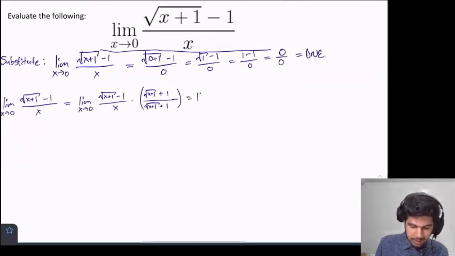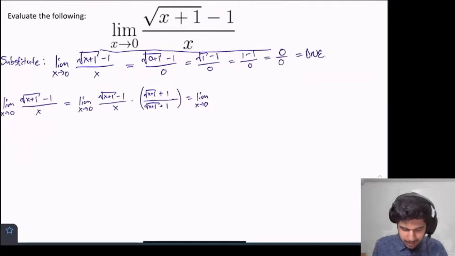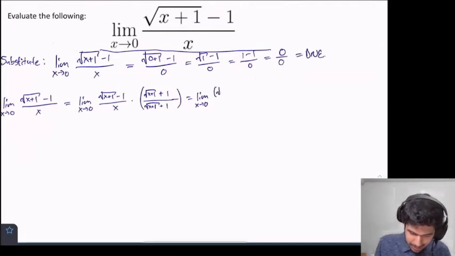So let's see what happens when we multiply it. We get the square root of x plus 1 minus 1 times the square root of x plus 1 plus 1, all over x times the square root of x plus 1 plus 1.